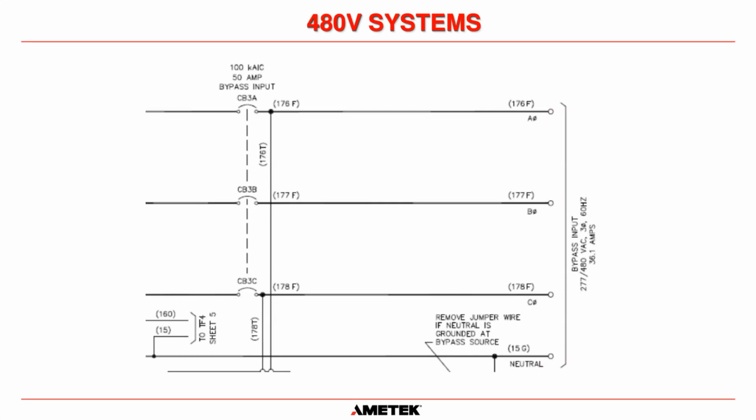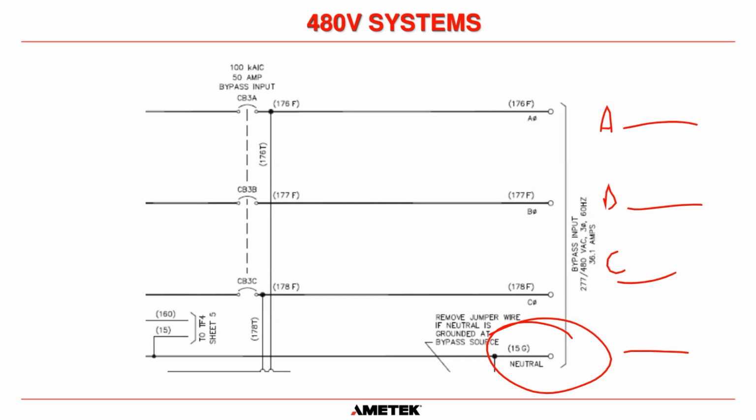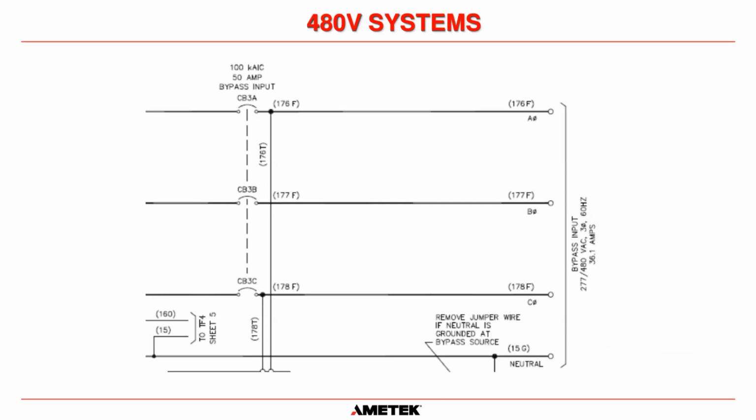In this system, when we have a neutral terminal here, we must have A phase, B phase, C phase, and a neutral run from the MCC or from a transformer. It's absolutely essential the neutral is there. If not, the UPS will not work. Okay? And hopefully the next page will help explain why.